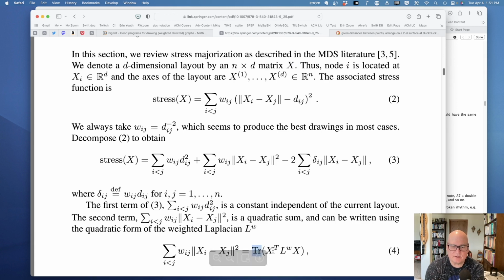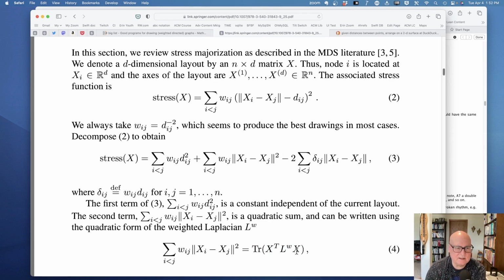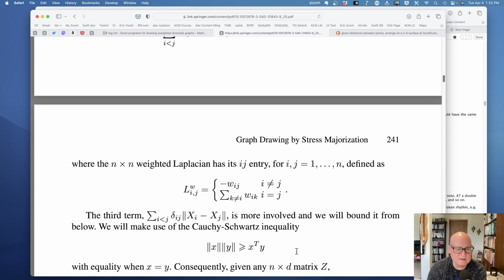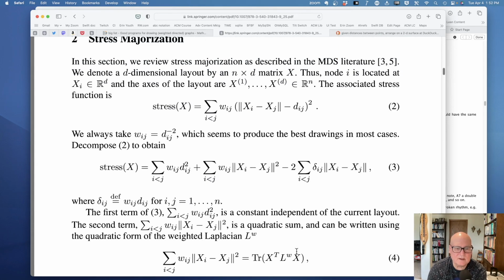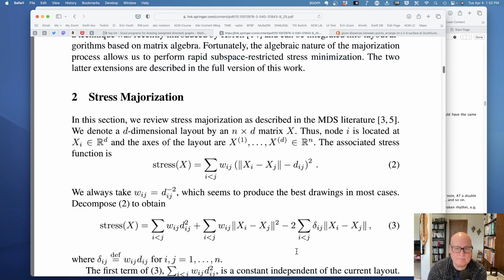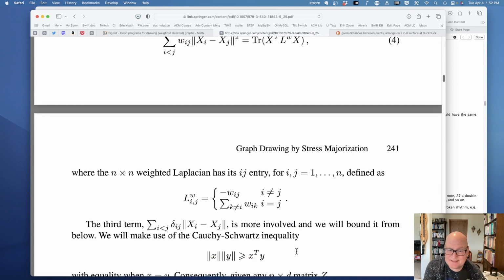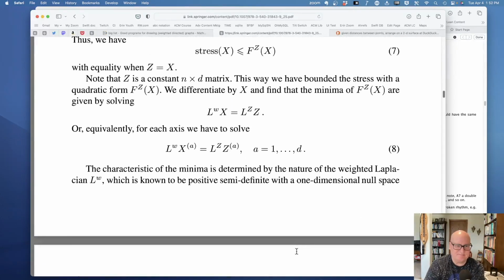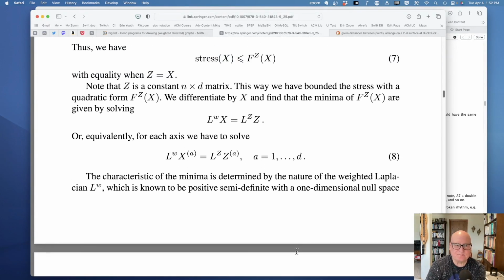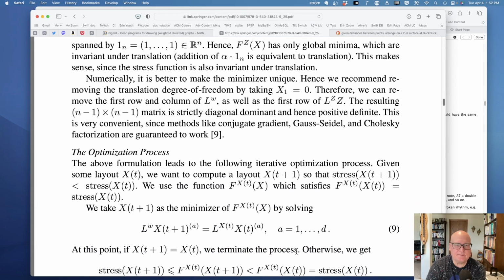We're doing, I don't know what TR is, but X transpose times this Laplacian matrix and times the original matrix. Now, I don't think they said what TR is. Unfortunately. All right. I'm hesitant to go further, but we'll just see what we got.